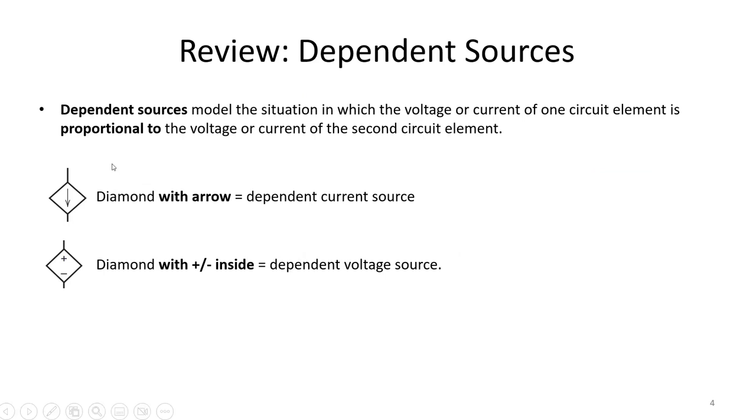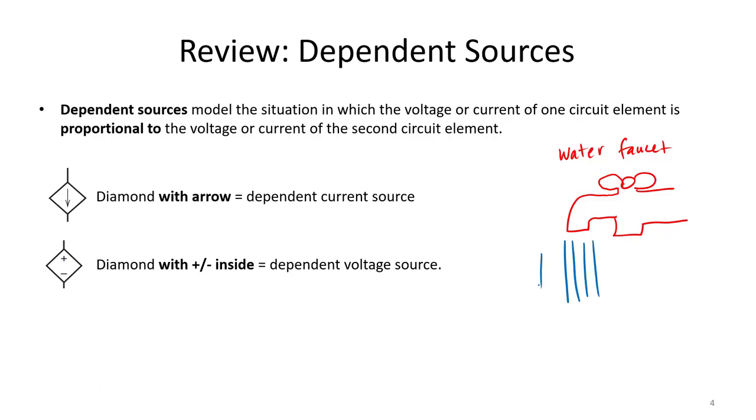So last time we also covered dependent sources. And you'll remember that dependent sources model the situation when one circuit element is proportional to the voltage or current of a second circuit element. You'll remember we gave that water faucet analogy. So if I have a water faucet or some sort of hose, notice I can have water coming out of my hose.